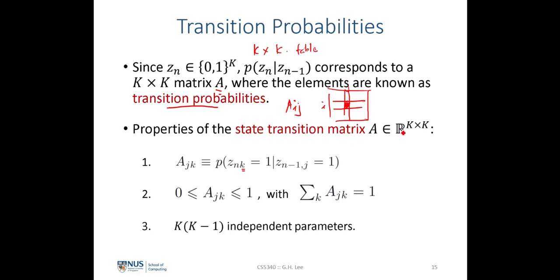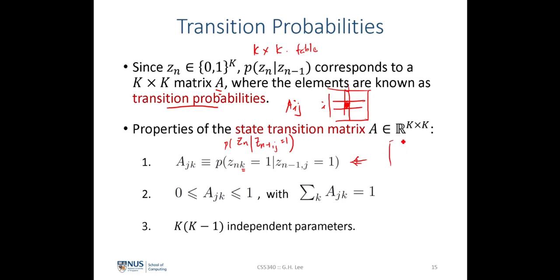What this means is that this is actually an obvious result of the first definition over here. Conditioning upon j equals 1, this conditional probability distribution tells us the probability of znk equals 1, or writing it in general, the probability distribution of Zn conditioned upon Zn minus 1 taking a state of j.